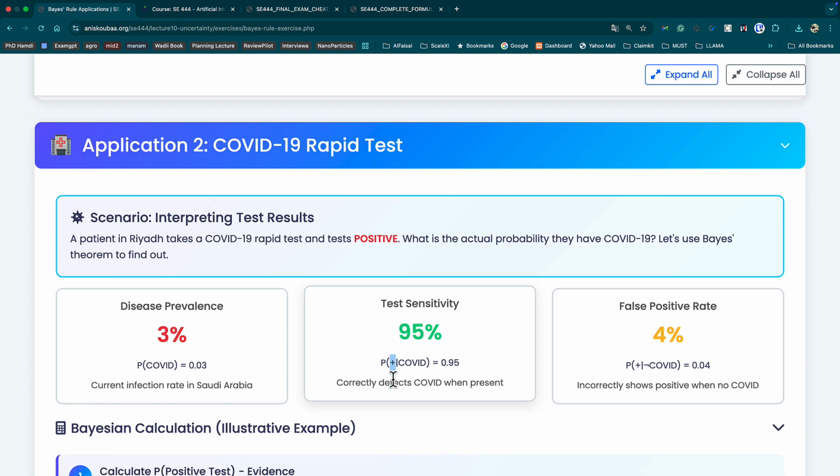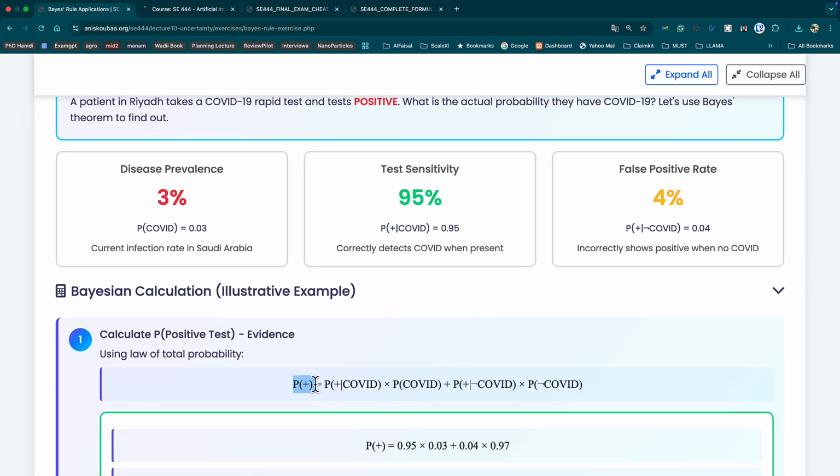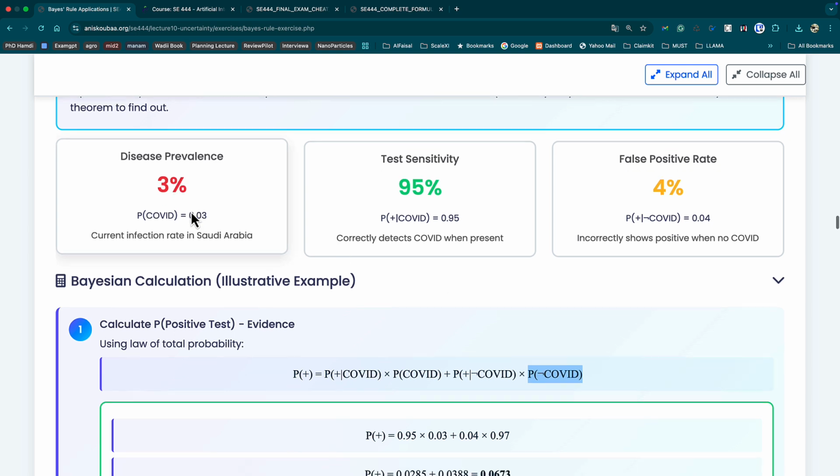So we're going to use the law of total probability. Okay, the probability of positive is equal to positive given COVID, which is given, multiplied by the probability of COVID, which is given, plus the probability of positive given non-COVID, which is given, multiplied by the probability of non-COVID, which is 1 minus probability of COVID. Okay, I didn't give this explicitly, but this is inferred from here.